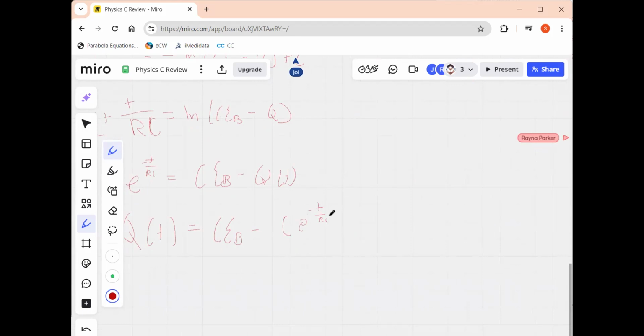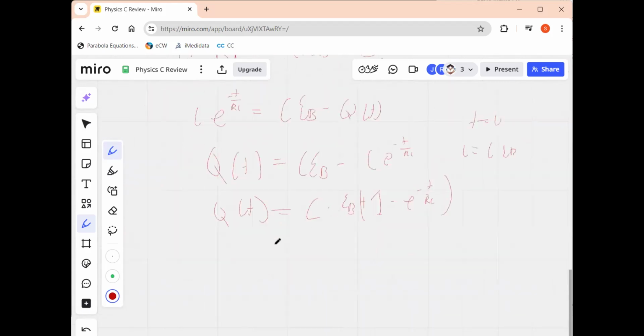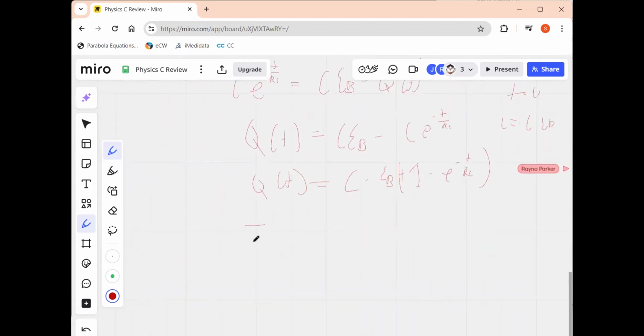And so at time t equals zero, there is no charge on the capacitor. C equals capacitance times E of B. So Q of t ends up being equal to capacitance times voltage of the battery times 1 minus e to the negative t over RC.